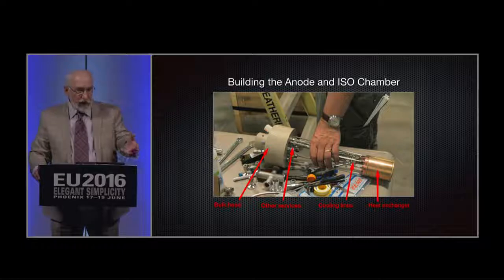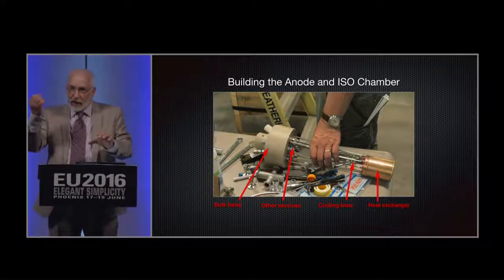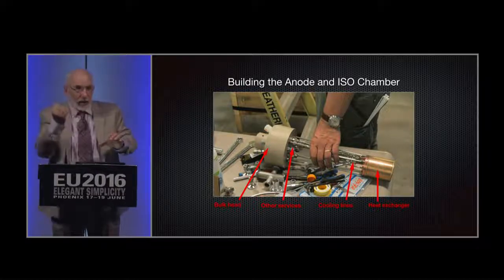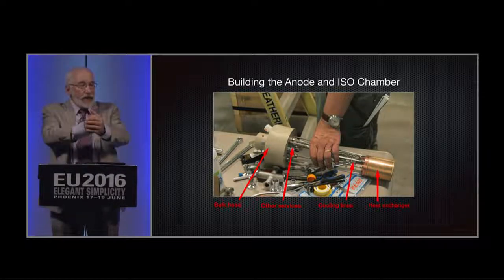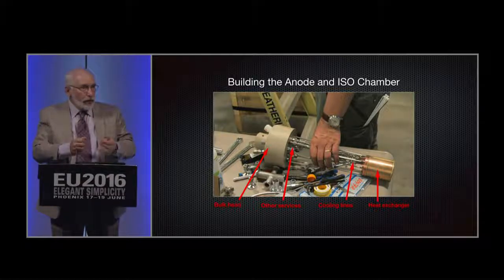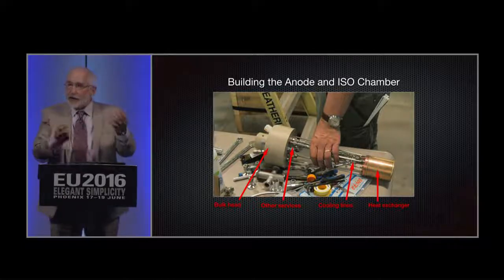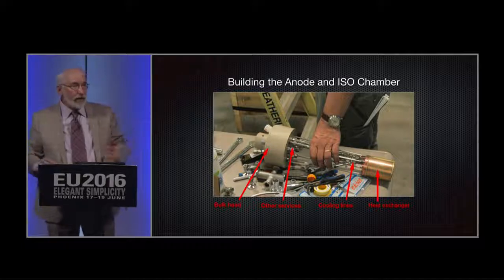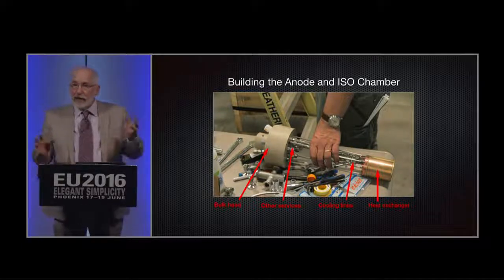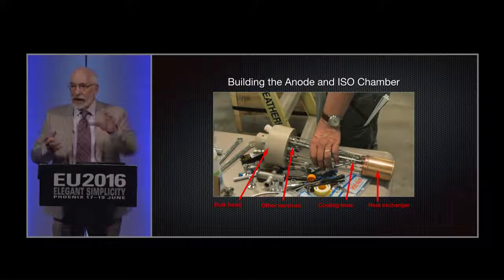So what you're seeing here is a heat exchanger, and we have water coming up, and using a particular taper, we can take a new anode and shove it in there like you do in a drill press, and with a small screw, retain the anode. We know from the computational fluid dynamics, the thermodynamics, that the temperatures are going to reach about 1600 degrees Celsius. So if you've got composites in there, those plastics are going to melt. So we have to get that heat away.